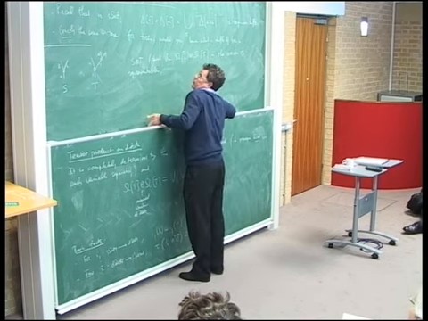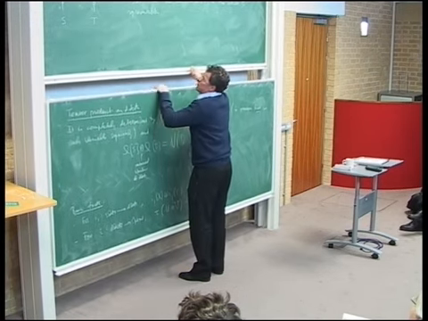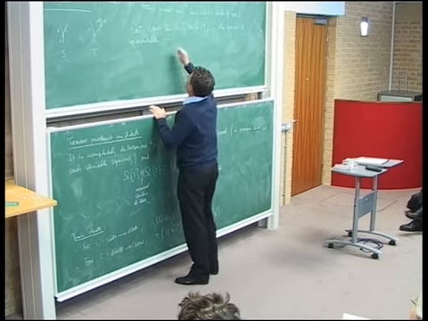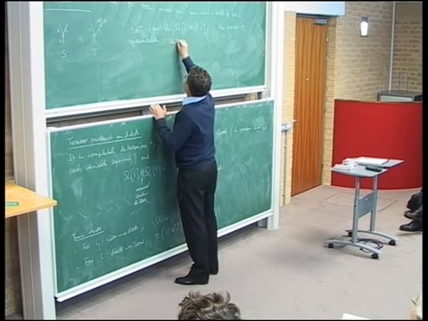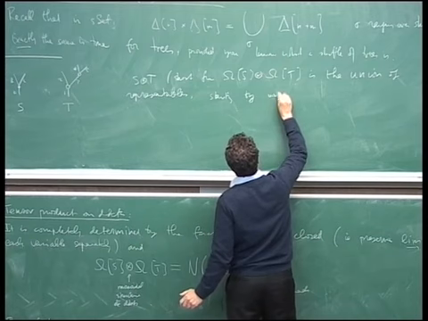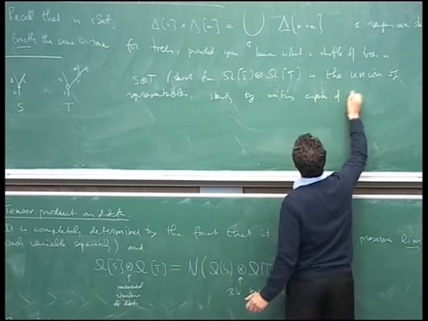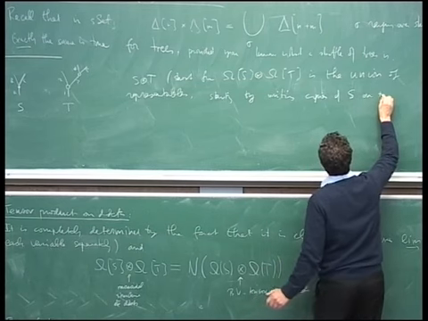So I'm going to write them all down for you. Maybe I'll write a sentence first. Starting by writing copies of S on top of T.